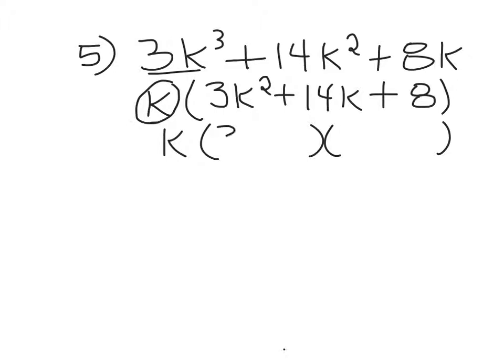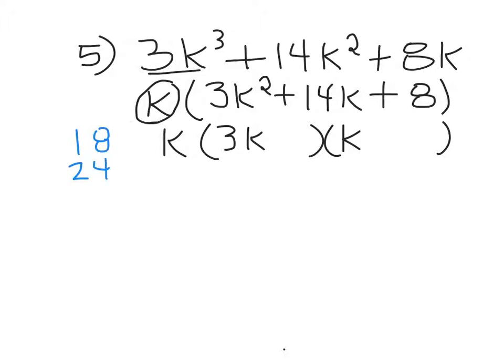So I'm going to do 3 times 1, okay, or just k. So 3k times k gives me 3k squared. Now 8 has a few factors, so I can do 1 times 8, or I can do 2 times 4.